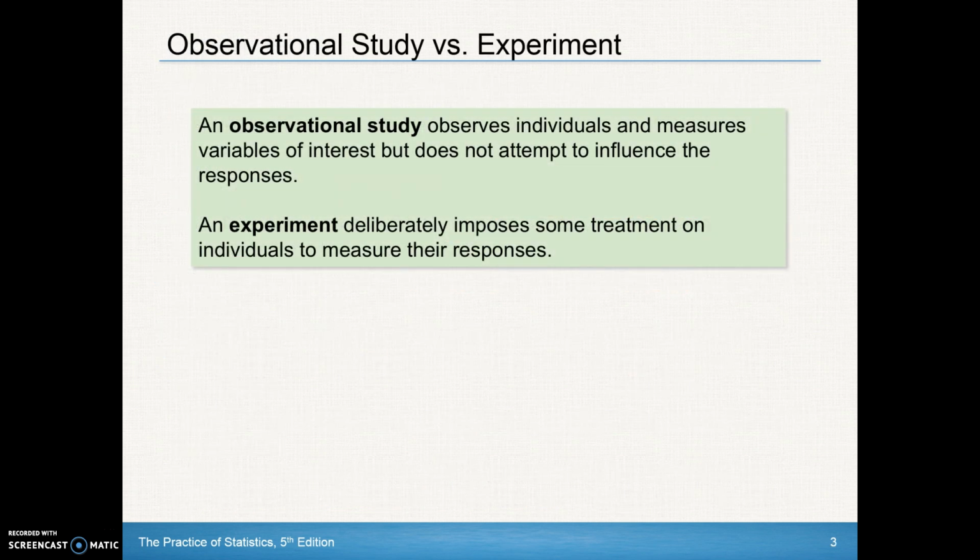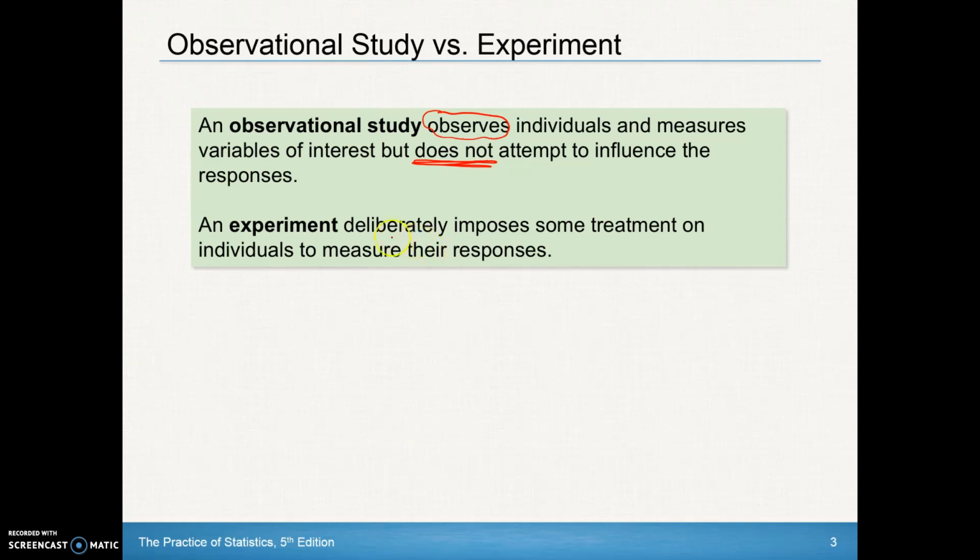Observational study versus experiment. Well, an observational study observes. Well, that's kind of obvious. An observational study will observe individuals and measure the variables of interest, but does not attempt to influence the responses. So in other words, you do not interact with the experimental units or the subjects.